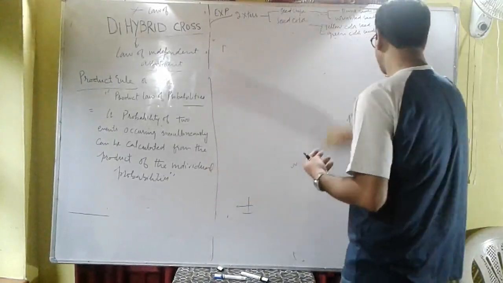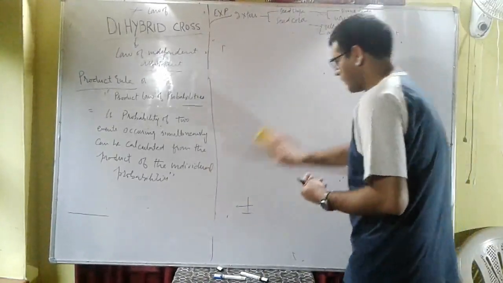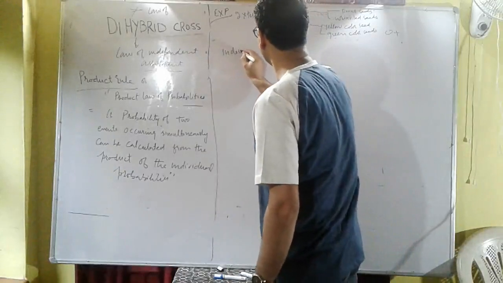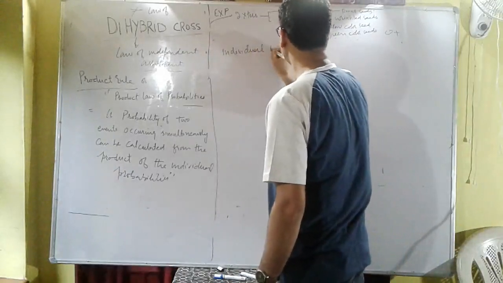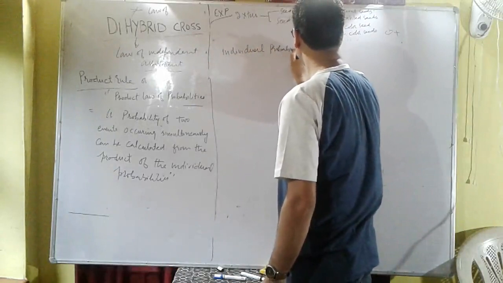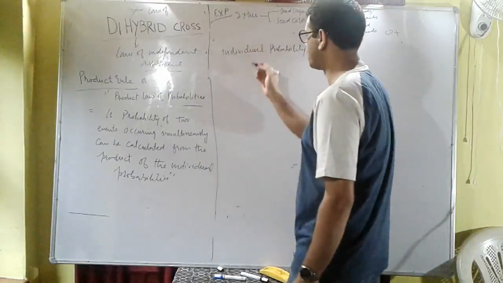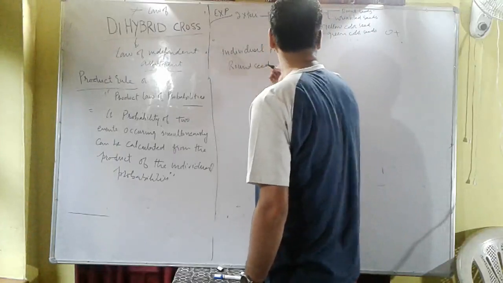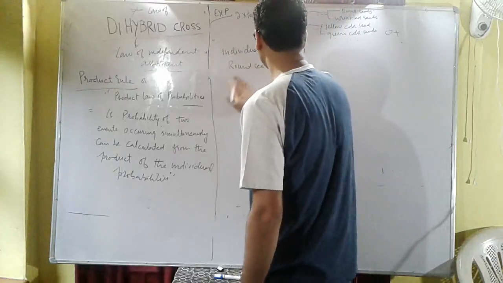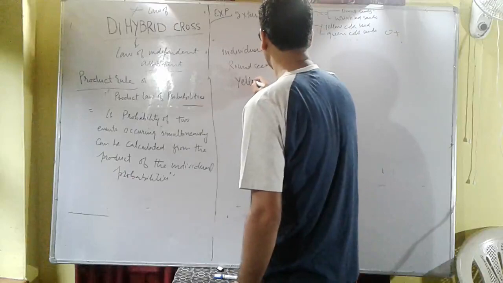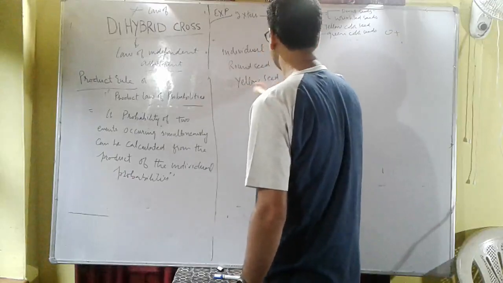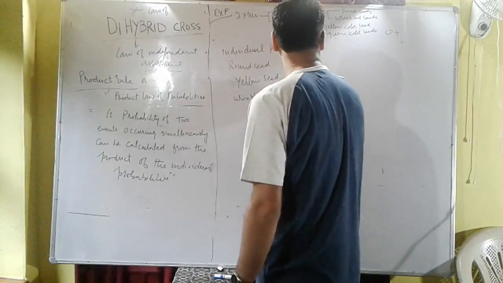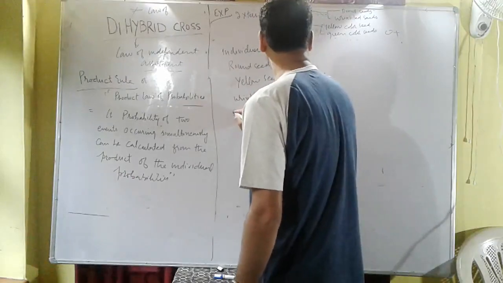We have individual probabilities. For example, we have round seed, yellow seed, wrinkled seed, and green seed.